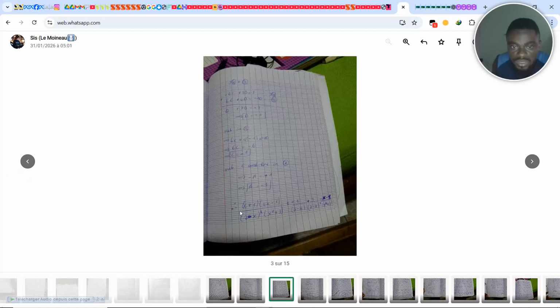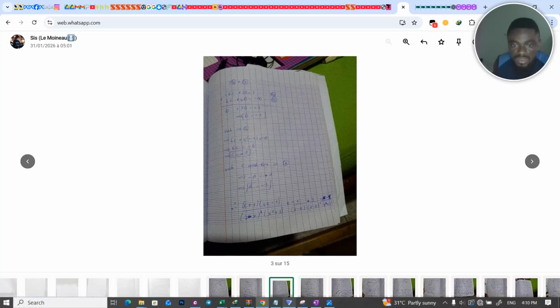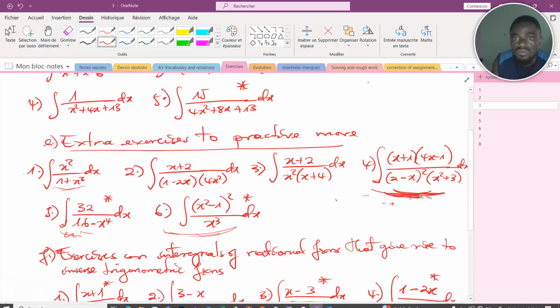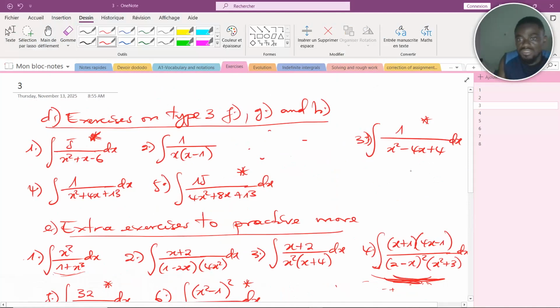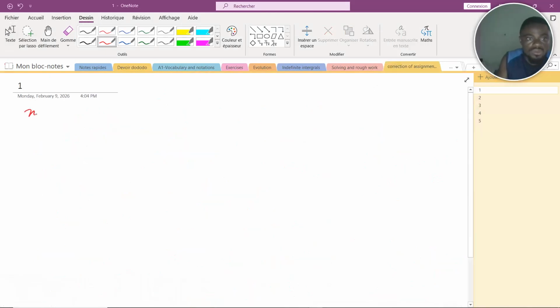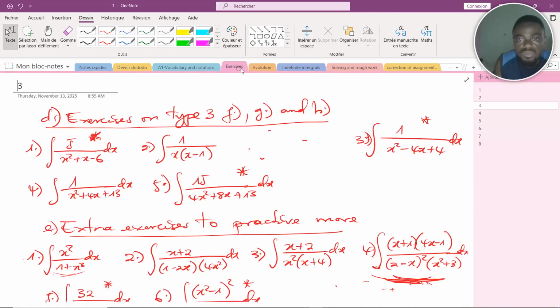The function that was given is (x plus 1)(4x minus 1) all over (2 minus x) squared into (x squared plus 3). I think that's it. Let me check.